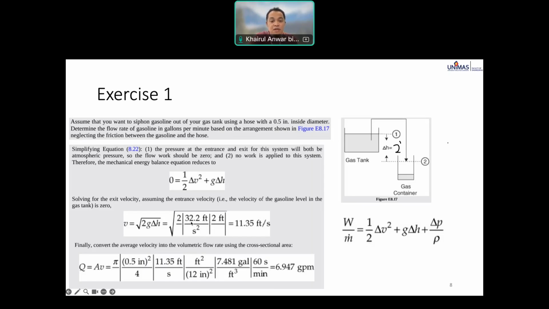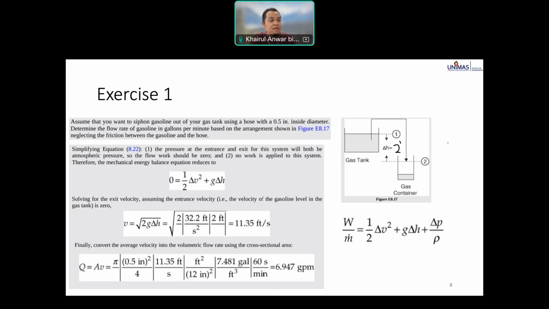So in this book, it's using American units, right? Yeah, American units. If you refer to another book, the elementary one is using SI units.